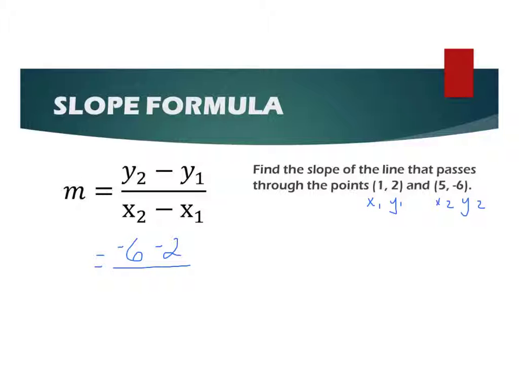All of that is over x2 is 5, and x1 is 1, so 5 minus 1. Negative 6 minus 2 is negative 8. 5 minus 1 is 4. And when I simplify this down, negative 8 over 4 is really negative 2. So the slope of the line that passes through the points 1, 2, and 5, negative 6 is negative 2.